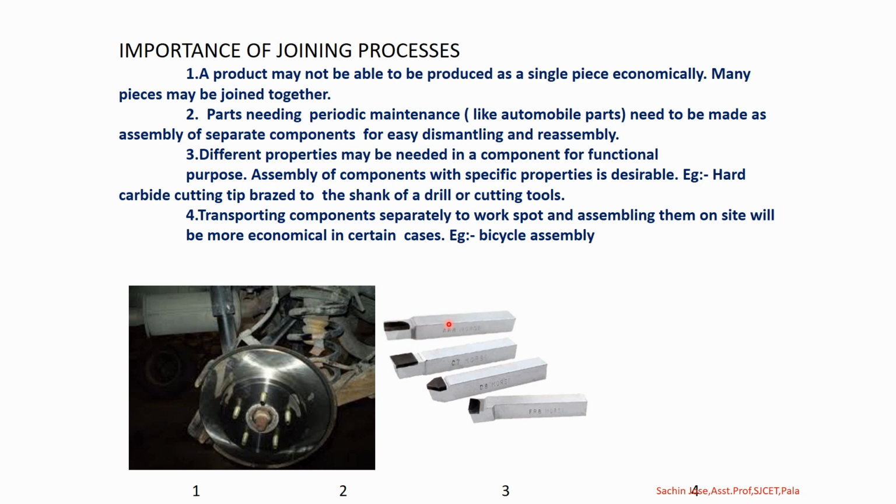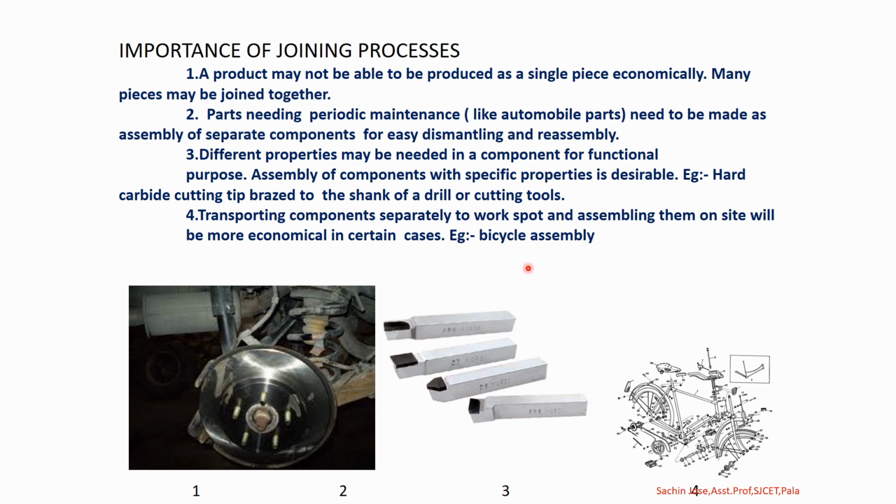This is one kind of steel, but this is a tipped material, which is very costly compared to the shank of the cutting tool. So what is the advantage here? You may use a very small amount of the costlier material compared to the affordable material. So it's a huge cost saving, just because you could produce it as different components and join them together.